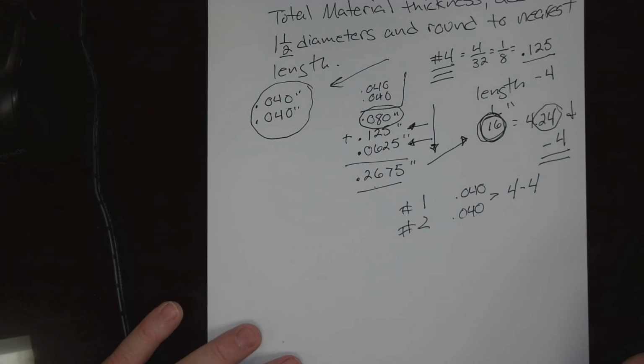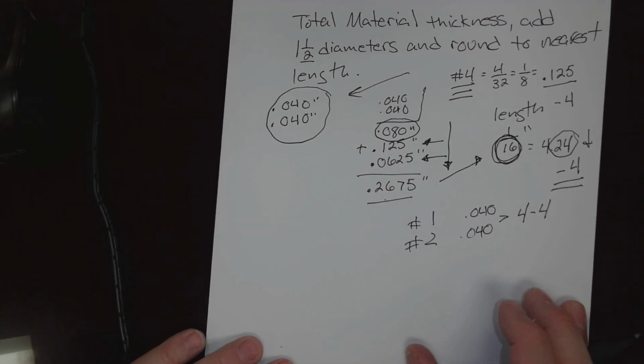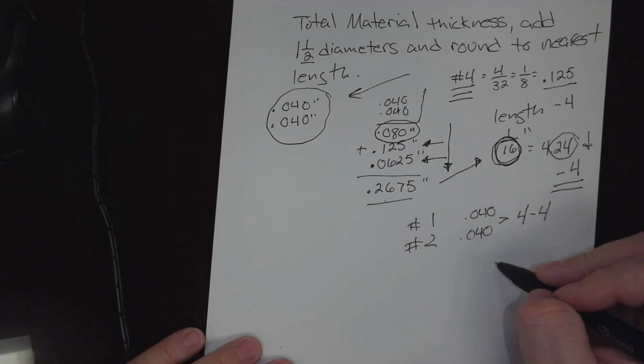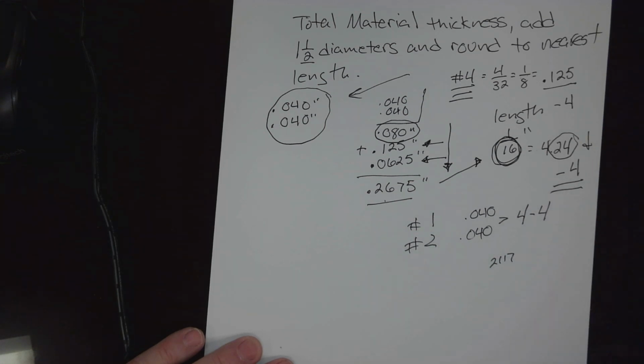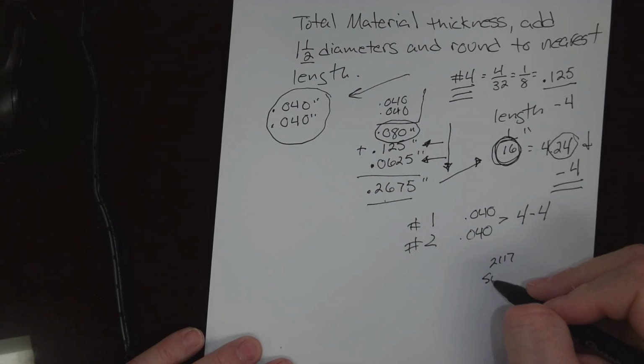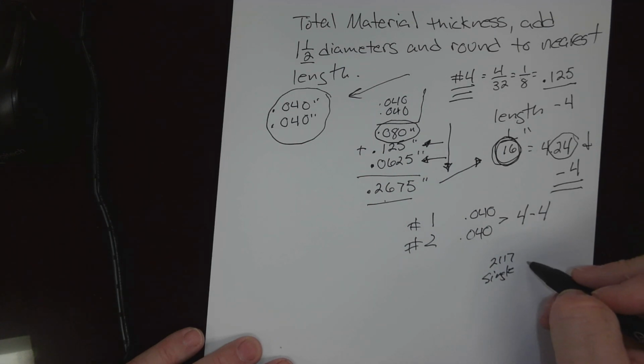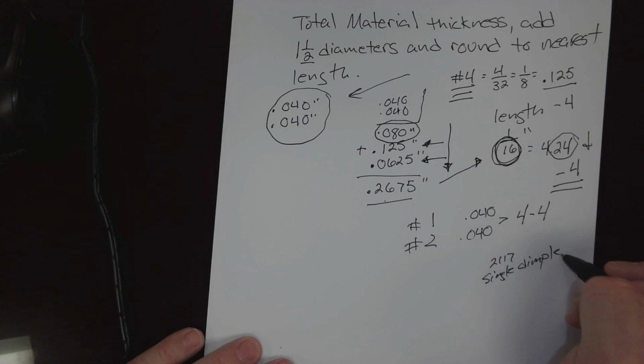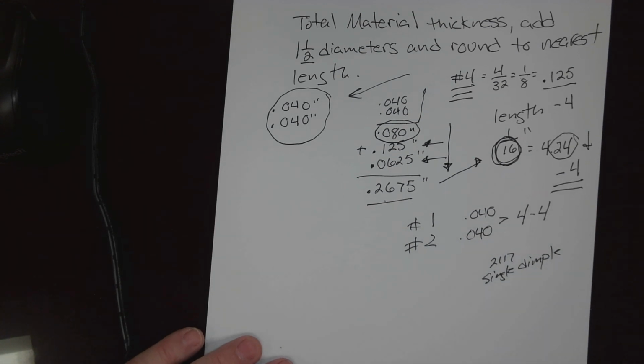Now, if this was going to be our most commonly used rivet, that would be a 2117 rivet, single dimple. Remember that. That's the most commonly used, has a single dimple. It's called a field rivet. Now let's put the whole code back together and we'll go order some of these rivets.